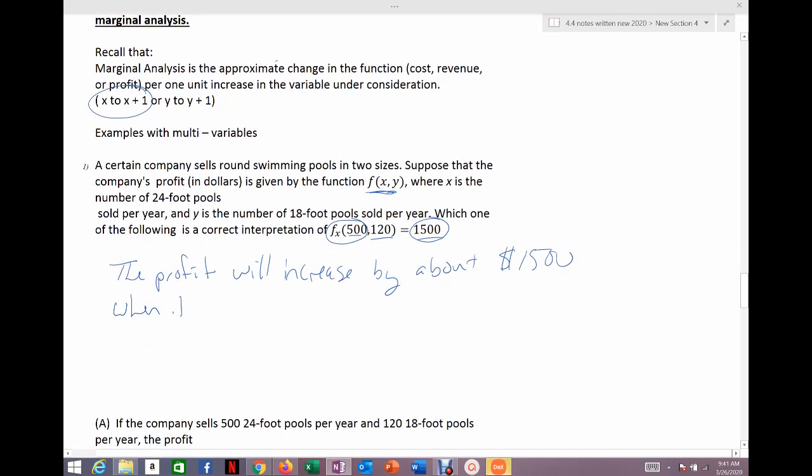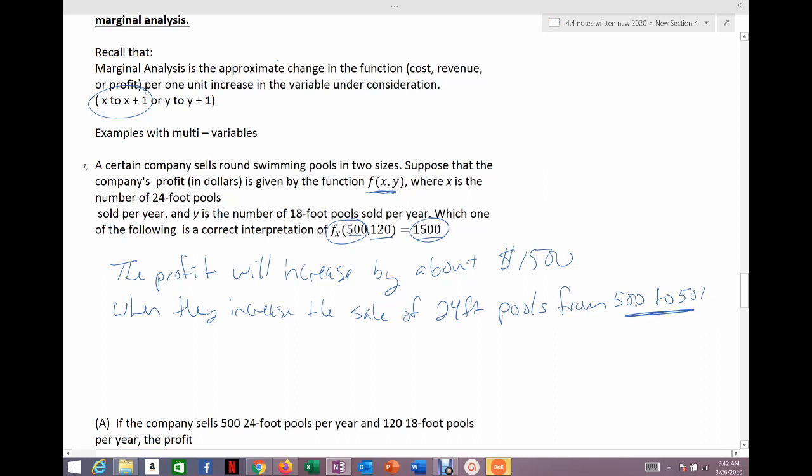So when they increase the sale of the x value, which represents the 24-foot pools, specifically from 500 to 501. Oops, not 5001, 501. That 1 unit change, if this would have been 400, it would have given me a different answer.